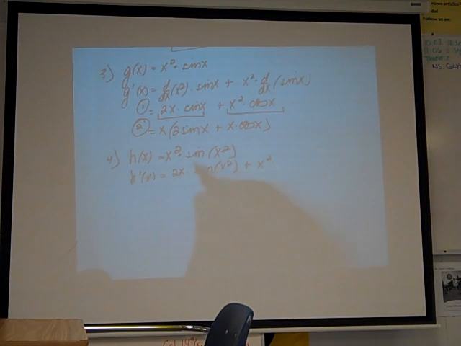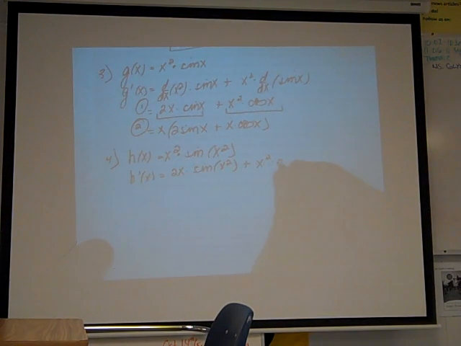Oh boy. That's a chain rule problem. So I'm just going to write for now that we need to take the derivative of the sine of x squared. We haven't actually taken the derivative. We've just done the product rule. Now we have to attack this problem.